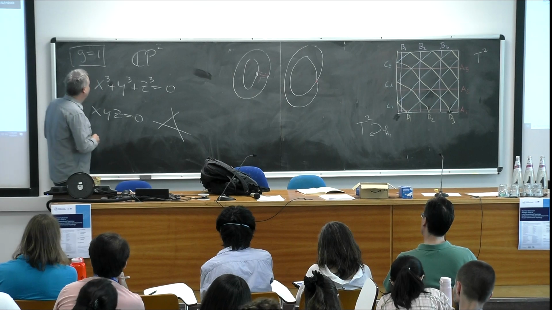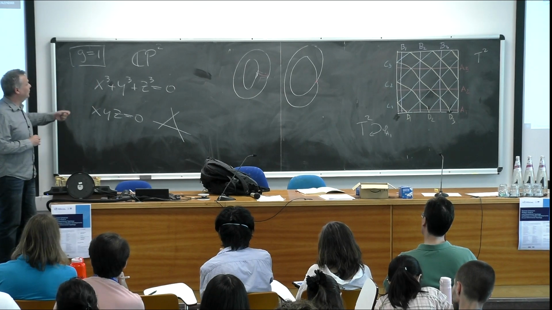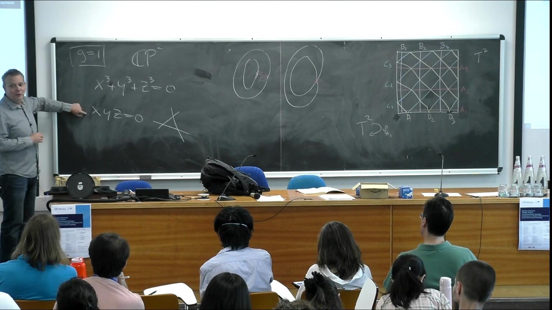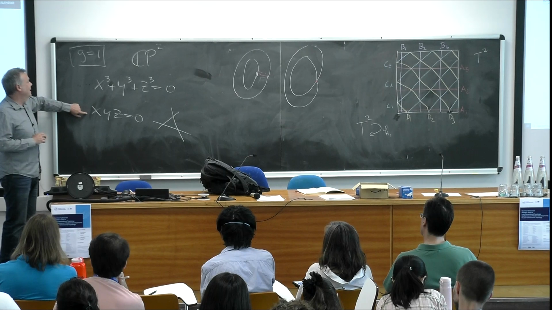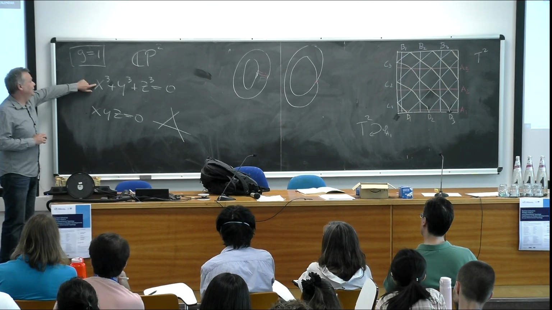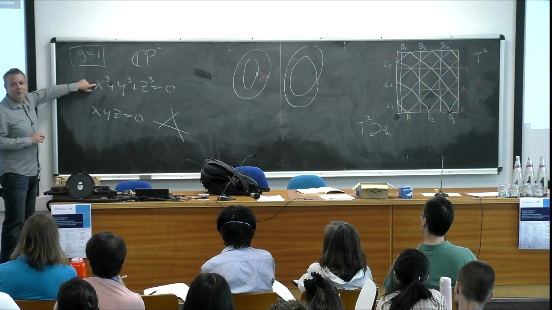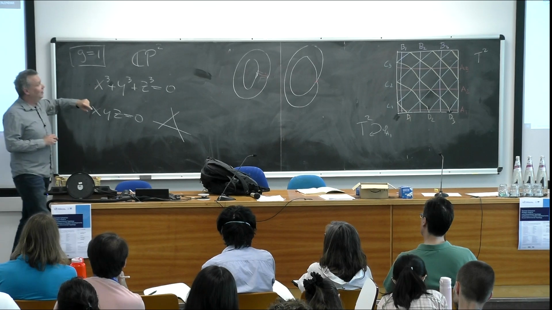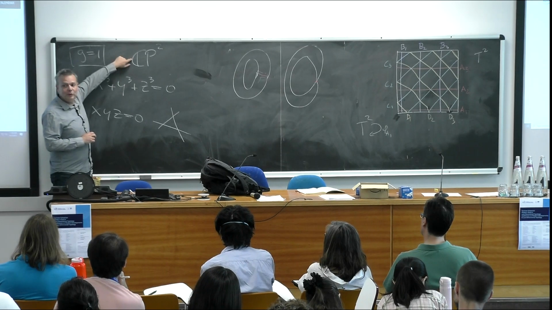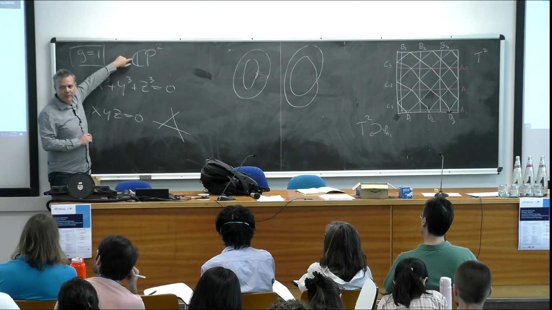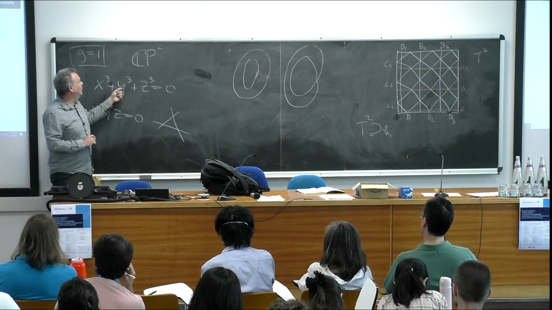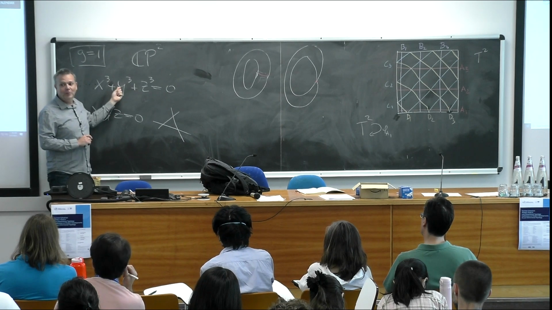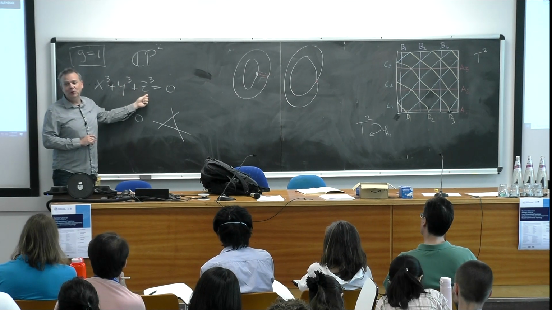Clearly, very easy would be to solve for the intersection points between these things. x is 0, okay. But then y cubed plus z cubed is equal to 0, and since we are in CP2, both of these should be non-zero. So I could rescale, so y could be 1, and then I have to solve z cubed equals -1.